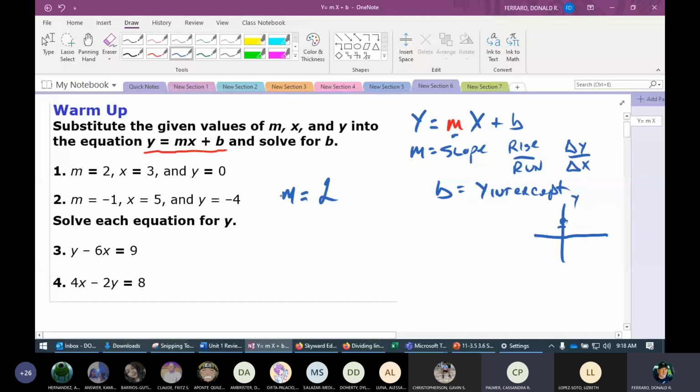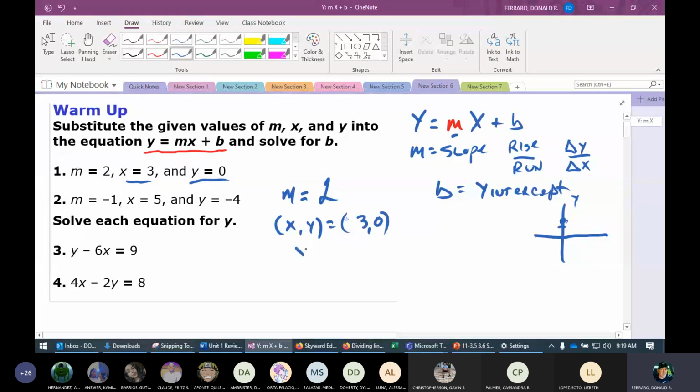So they told us that m is our slope, and then our x, y coordinates, x comma y, they told us are 3 and 0.